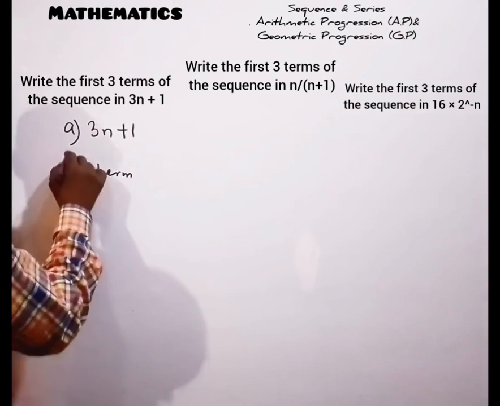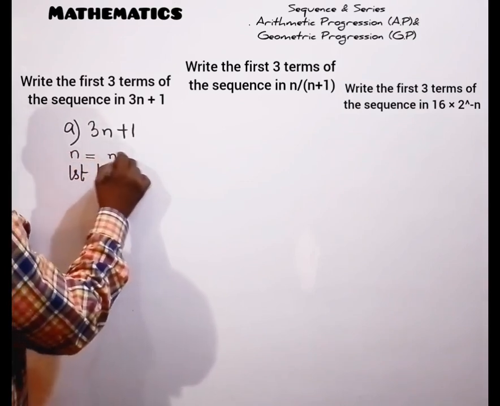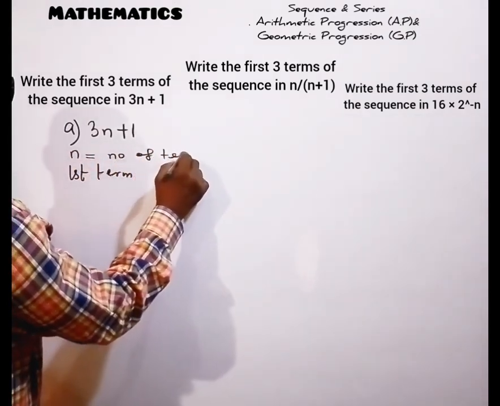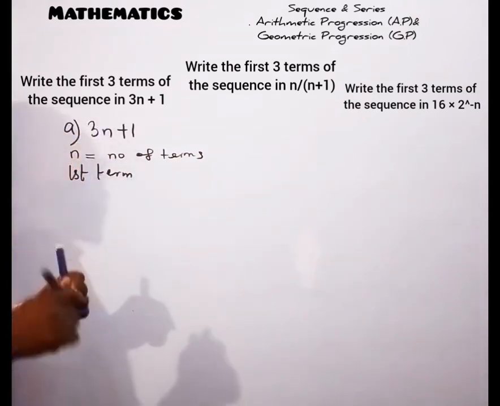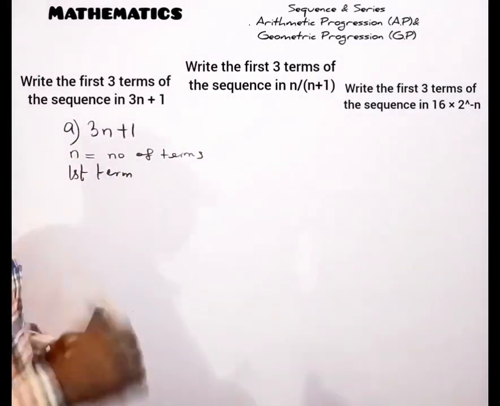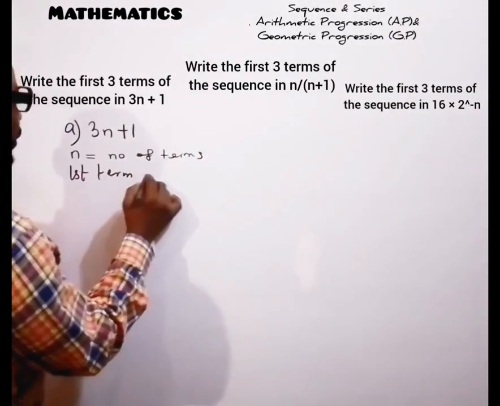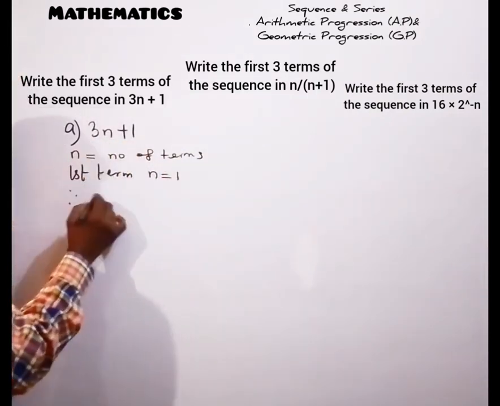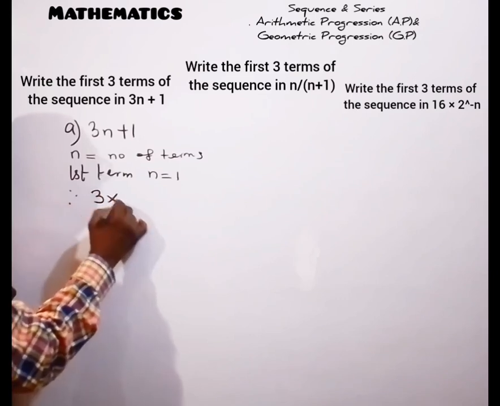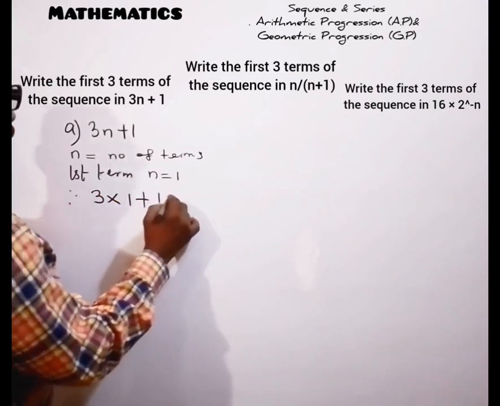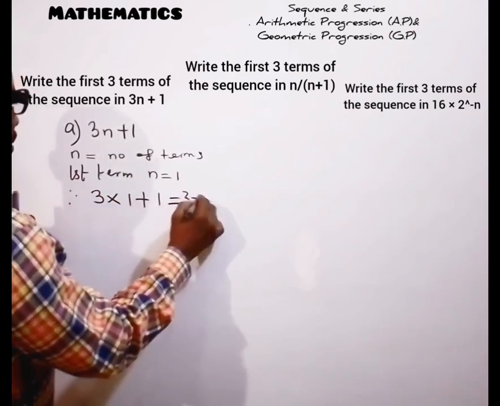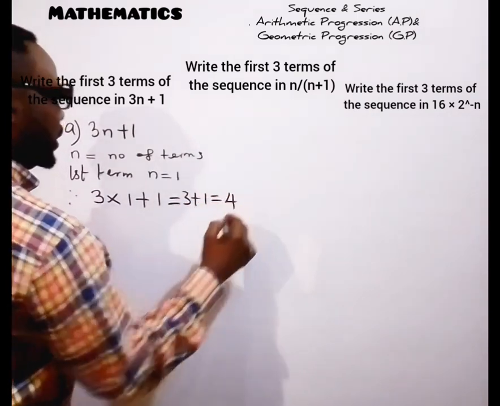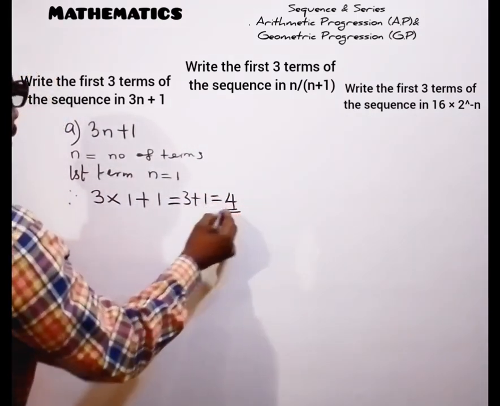Take note of that. For the first term, wherever you see n, you put 1. So for the first term, n is equal to 1. Therefore, the term will be 3 multiplied by 1 plus 1, which is equal to 3 plus 1. It gives us 4. That is the first term.